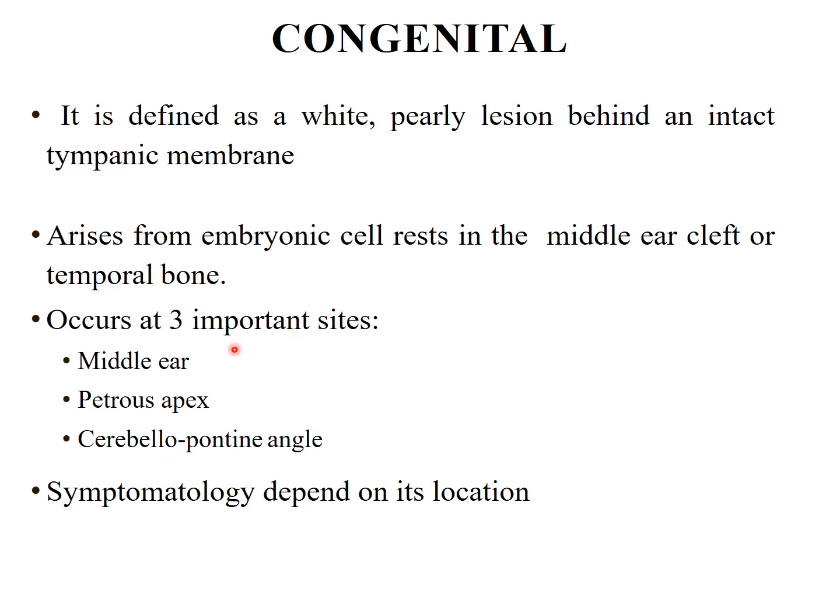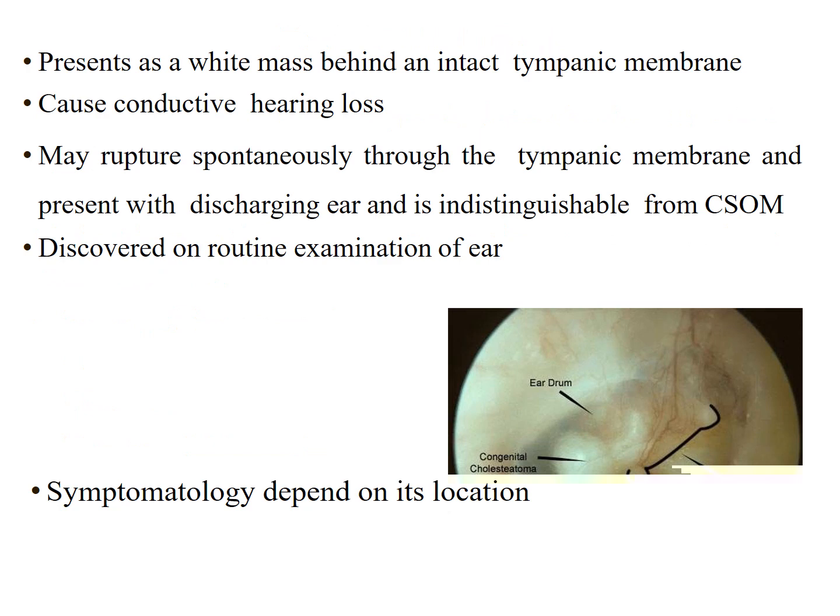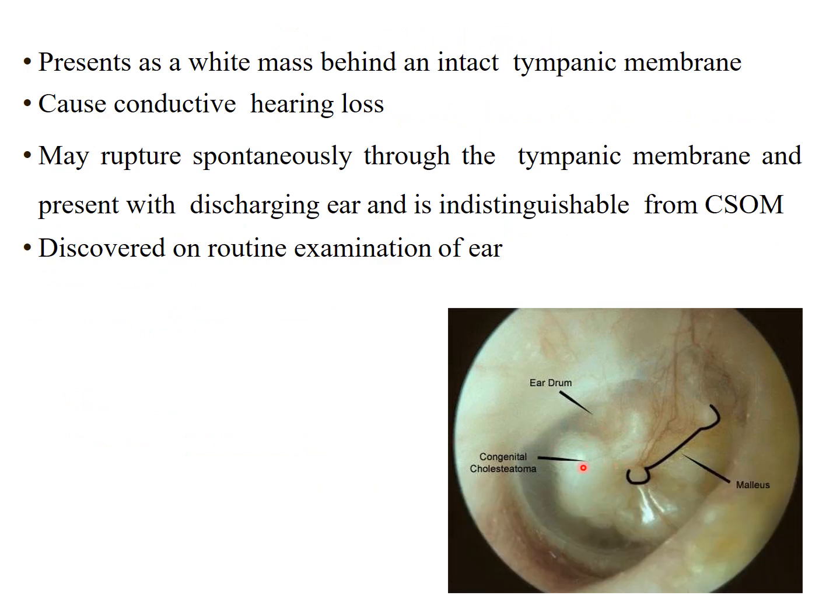It occurs at three important sites. One is the middle ear, in which it appears as a mass behind an intact eardrum, the petrous apex, and the cerebellopontine angle. Symptomatology depends on its location. So, in this picture you can see this is the handle of malleus, this is the pars tensa, and there is a white mass behind the intact eardrum.